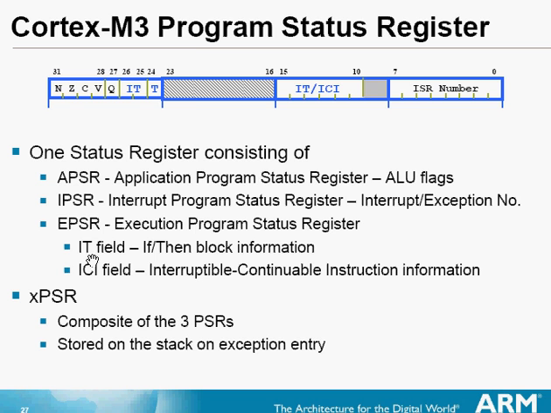In EPSR we have the IT field, the if-then field, and the ICI field, interruptible continuable instruction information. Then we have combinations of these three, which we call XPSR: a combination of APSR, IPSR, and EPSR, or IEPSR, or IAPSR, or EAPSR, like this.